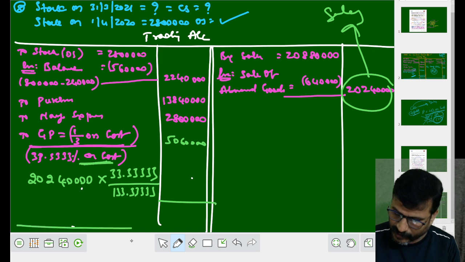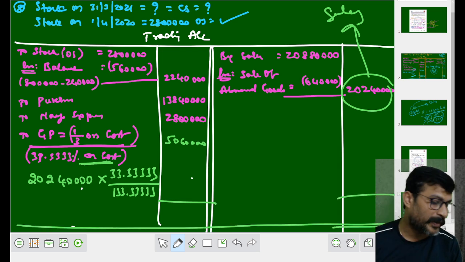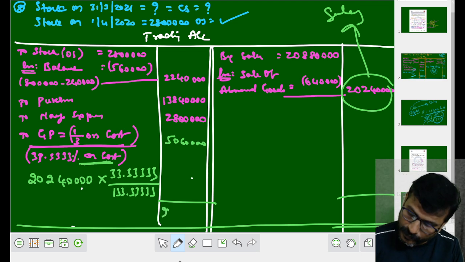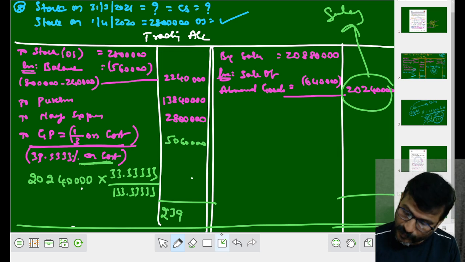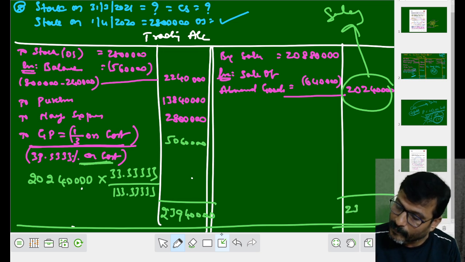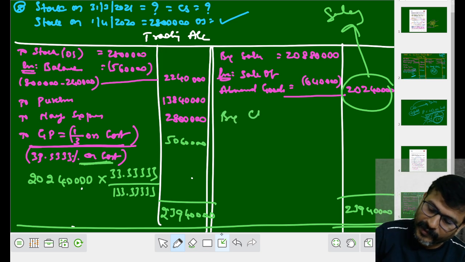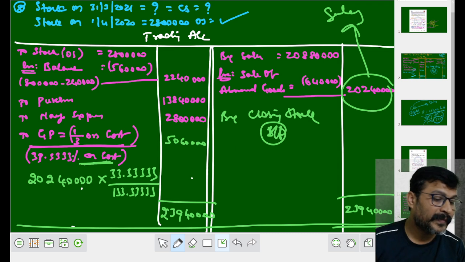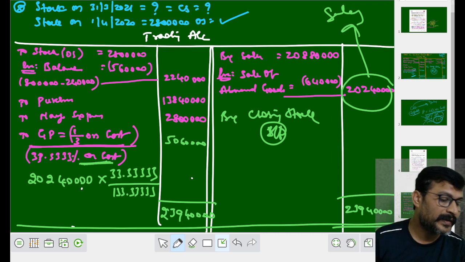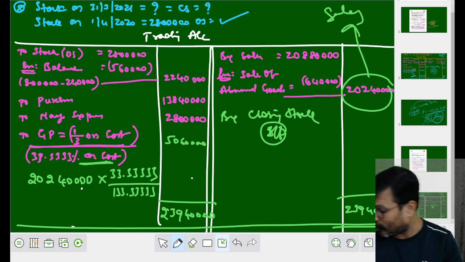50 lakh 60,000. Now you close completely, it comes to rupees 2 crore 39 lakh 40,000. The difference is called closing stock, my dear student. As a balancing figure, it comes to rupees an amount of how much?